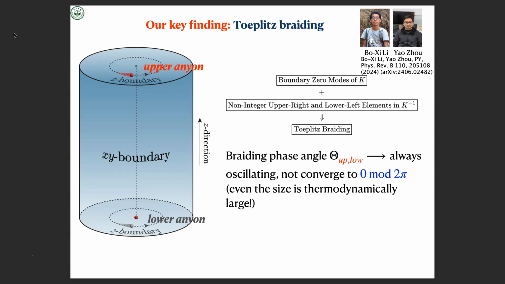We pick up the phase. But now these two areas are in different 2+1 space-times. They are separated by a very large distance along the z direction, the extra dimension. So we call it Toeplitz braiding, the new kind of braiding.